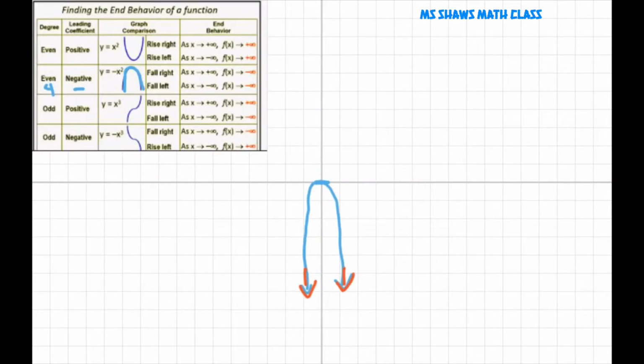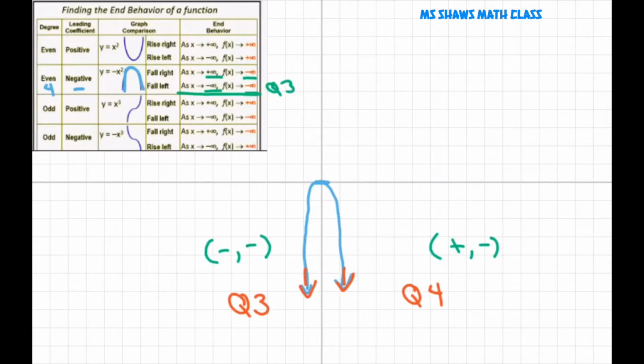That means when we graph from left to right, we'll be starting in quadrant 3 and ending in quadrant 4. And this is negative, negative, and this is positive, negative. So if you look at this part right here, we have positive, negative, and negative, negative. The negative, negative is quadrant 3, and the positive, negative here is quadrant 4.